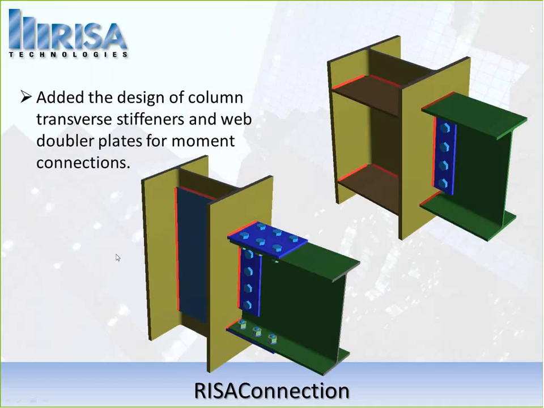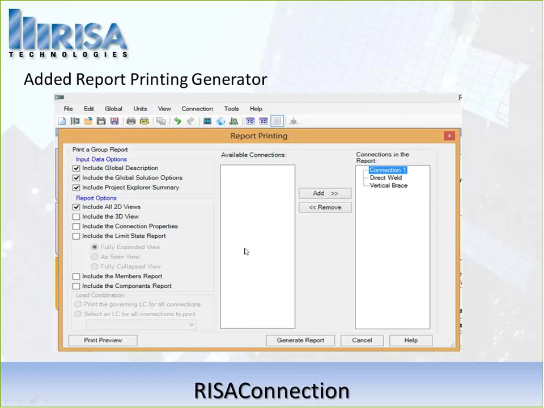And then let's see here, our other option too is we added an improvement to the report printing generator. Previously you just printed the report and it came out as a full report, but now it's a lot more like RISA 3D, where you can really tell the program what you want for that reporting, what connections you want to be importing, and exactly which connections you can add or remove. So maybe you don't want to show all of them.